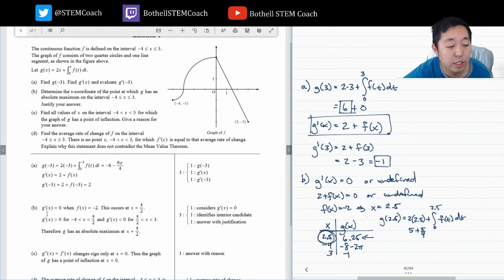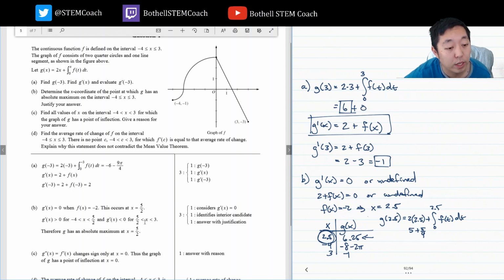Okay, g prime of x equals 0. This occurs at x equals 5 halves. What is this justification? G prime of x is greater than 0, and g prime of x is less than 0.